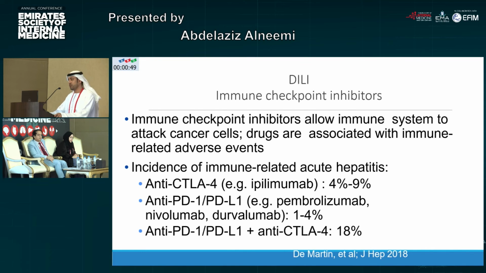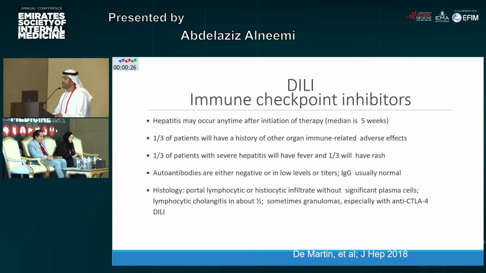What about drug-induced injury in patients who are taking immune checkpoint inhibitors? So immune checkpoint inhibitors allow the immune system to attack cancer cells, and the drugs are usually associated with immune-related adverse effects. You can see here different types of immune checkpoint inhibitors.